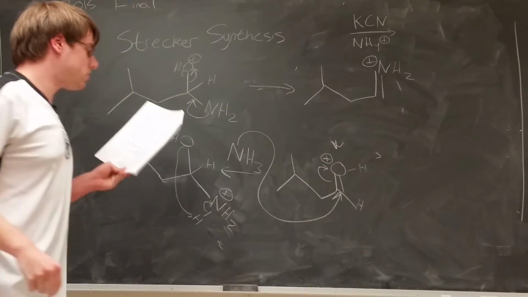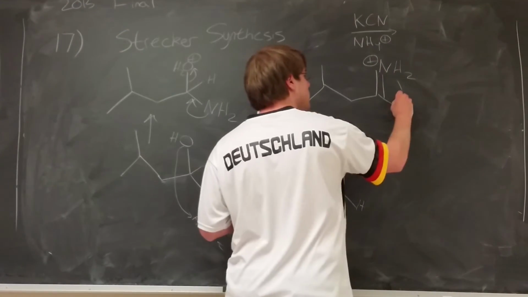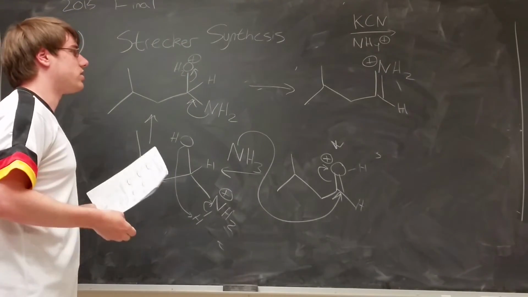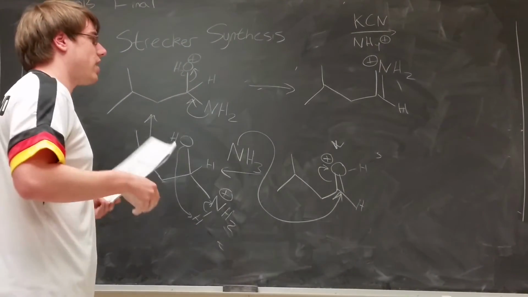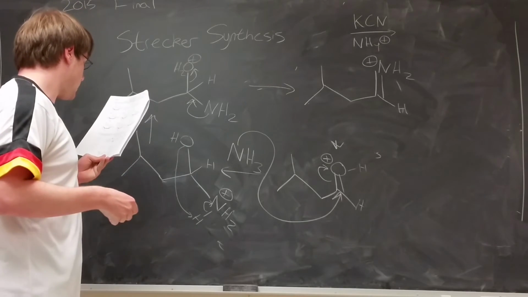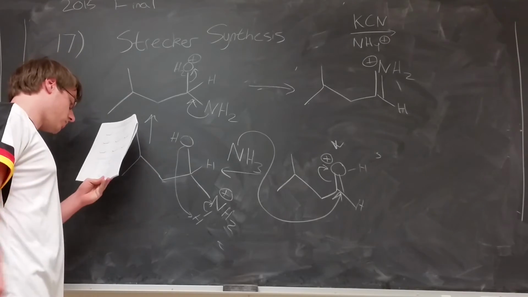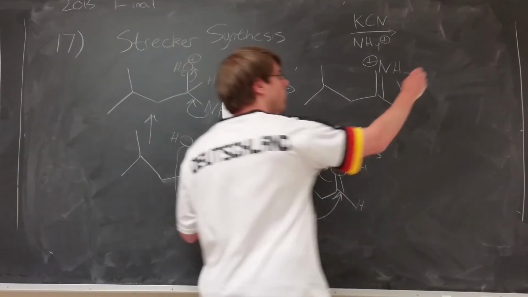And so this is the first intermediate you tend to get in the Strecker synthesis. This is basically the halfway point. Now, if we look at our answer choices, this is also one of the possible choices. This is choice 1.